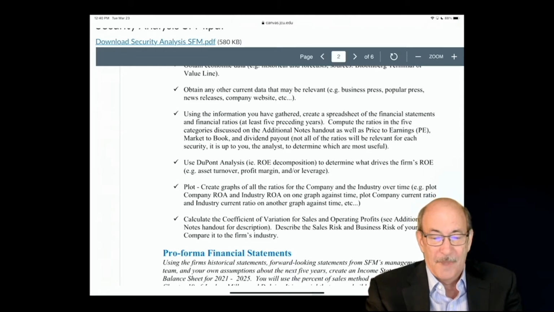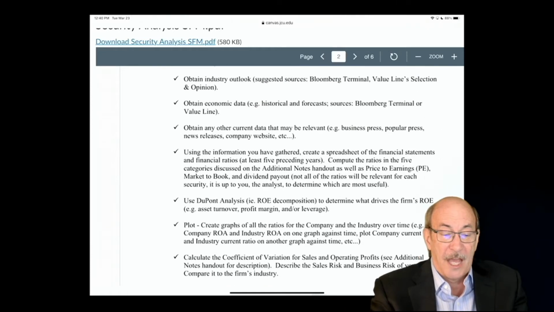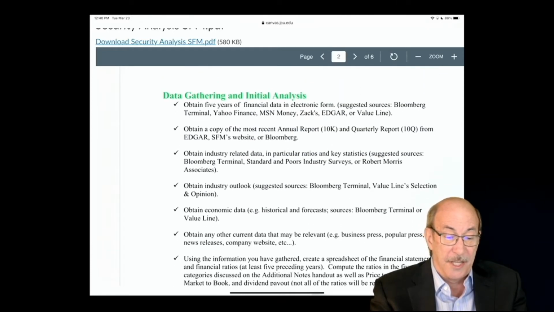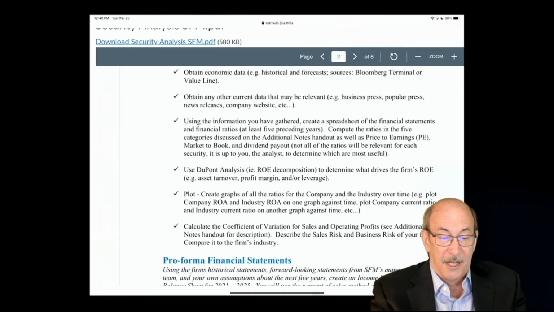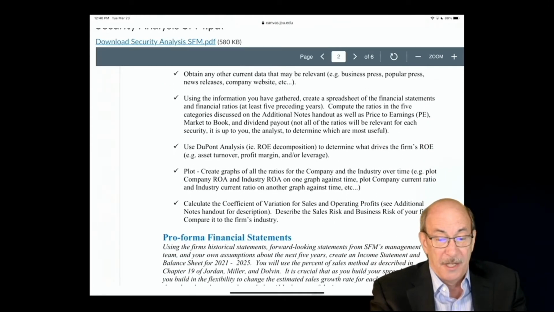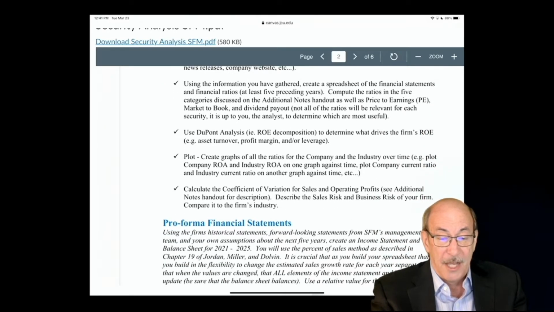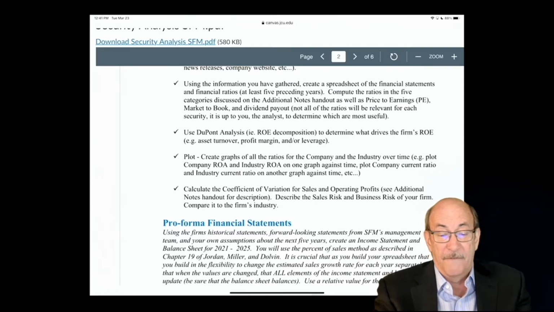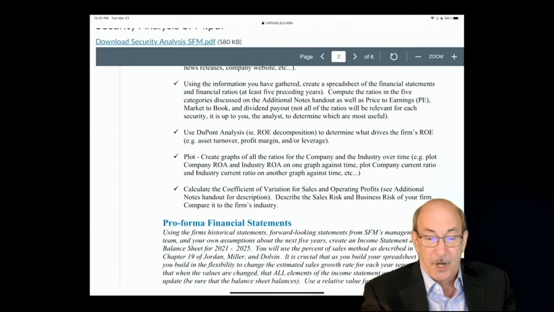But anyway, okay, the next, so you've got these first items, the obtain items, these first 6 checks on the list, pretty easy, right? The next items, okay, so now you're going to use the information you've gathered to create a spreadsheet of the financial statements and financial ratios.